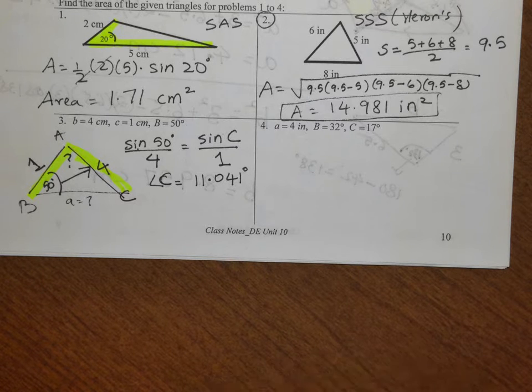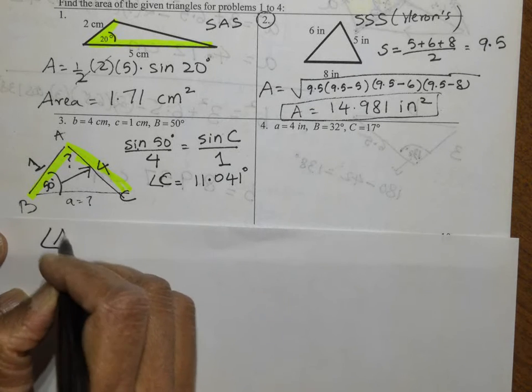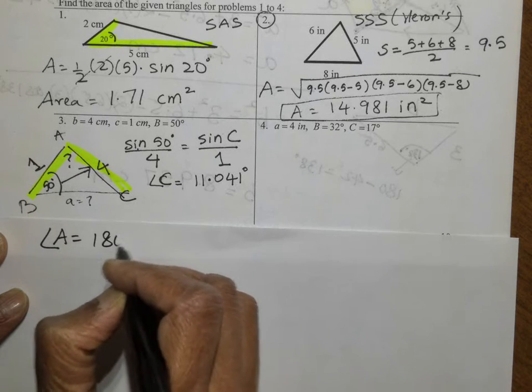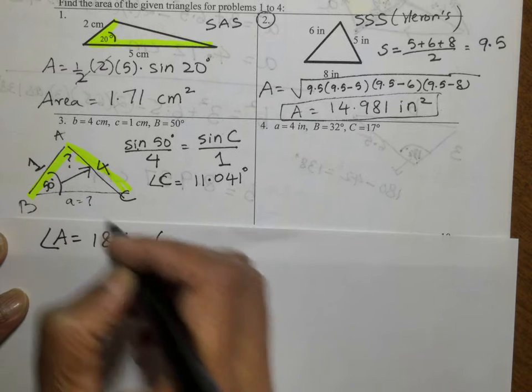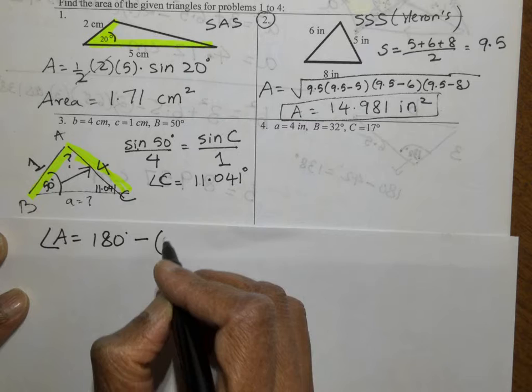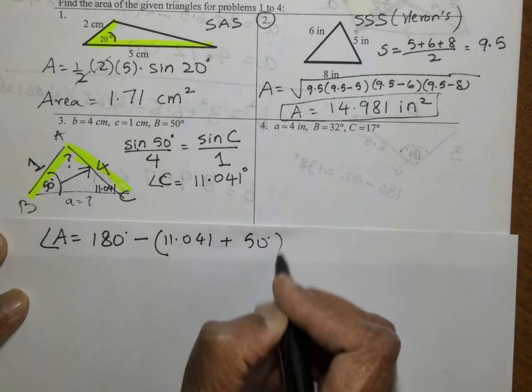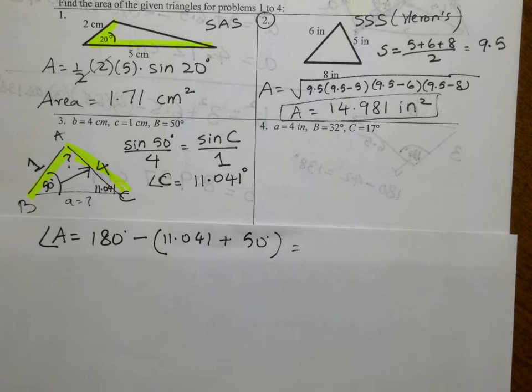If I find angle C, now what can I do? I can find angle A. So I found this to be 11.041. That means I can find angle A: 11.041 plus 50 degrees equals what? Find angle A. Once you have angle A, you have an SAS situation. Please find the area of the triangle.